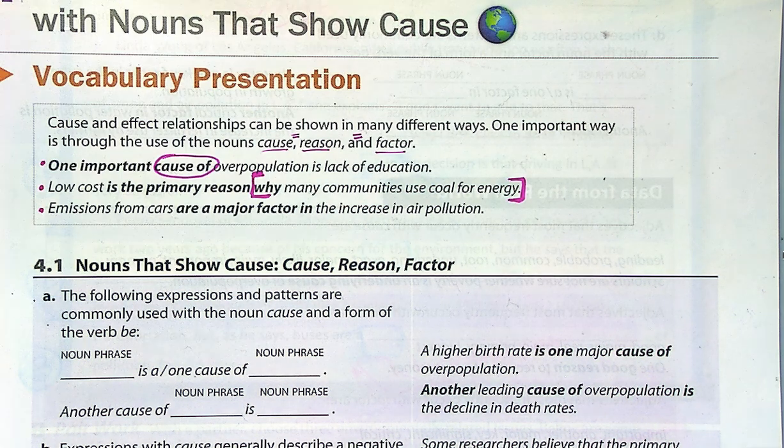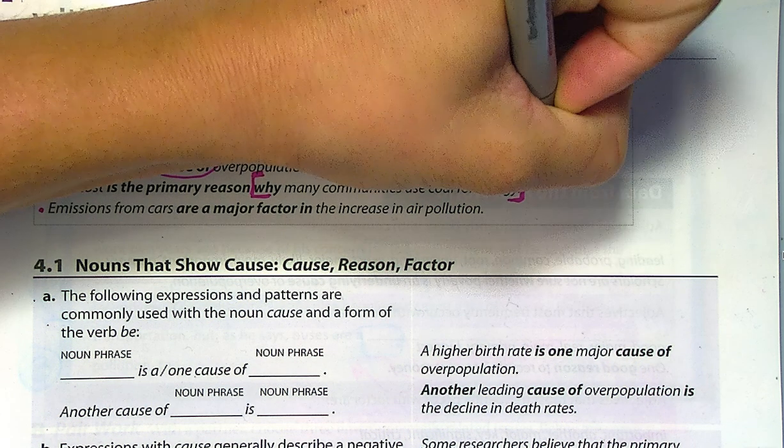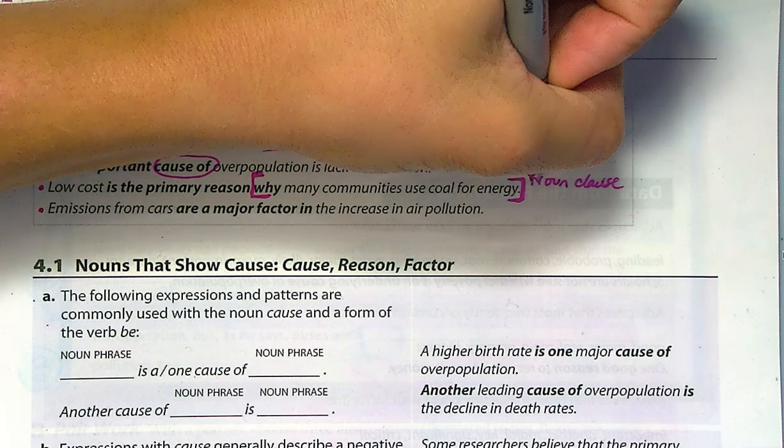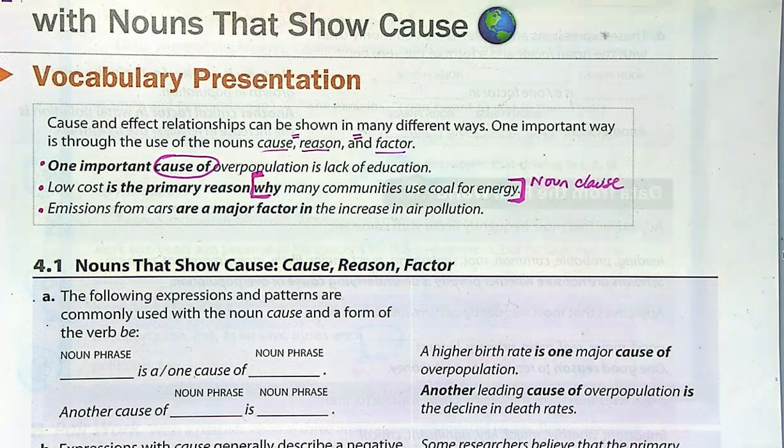Do you recognize that grammar? What kind of grammar is that? We've been talking about this in our class. This is our noun clause grammar to describe a noun. We know that we can use a noun clause after a noun to describe that noun. We saw that in our supplement book when we said it is important that, or it is certain that, or, let's see, those are adjectives.